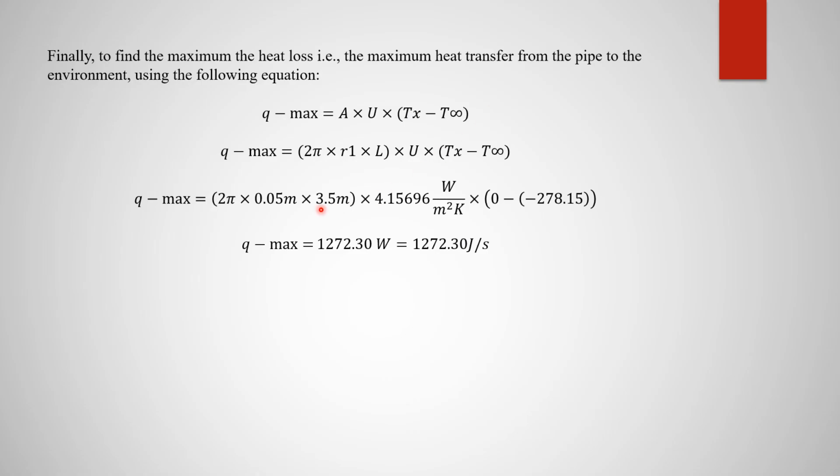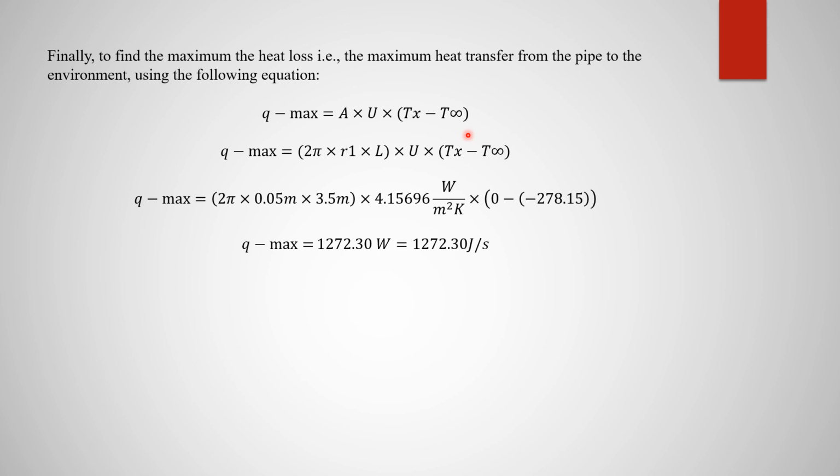Now finally, to find the maximum heat loss, which is the maximum heat transfer from the pipe to the environment, we use the following equation. The maximum heat transfer is equal to the cross-sectional area of the pipe multiplied by the found value of the overall heat transfer coefficient multiplied by the difference between the temperature of the water minus the infinite temperature, which is basically the environment.